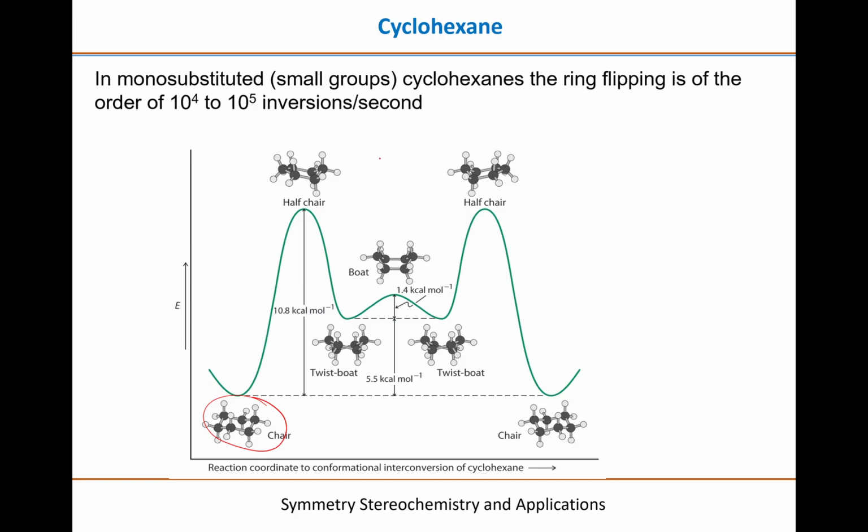I have discussed only the stable conformation, but cyclohexane can retain different types of conformation. Half chair is like half planar and half chair. I will draw it in a better way. Suppose we have here a chair, correct?